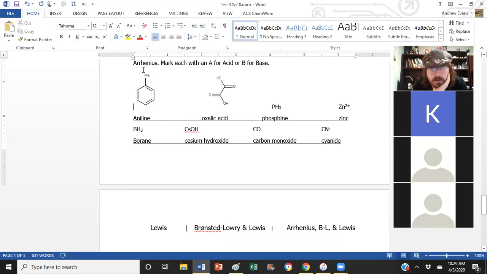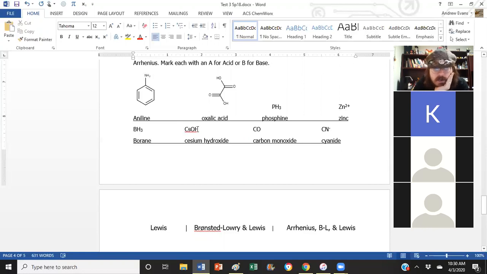So this guy is going to typically be a base. Lewis acids and bases are going to be ones that donate or accept lone pairs, so Lewis is talking about the electrons. Bronsted-Lowry are ones that donate or accept hydrogen. Now, Arrhenius are literally ones that produce H+ or produce hydroxide.